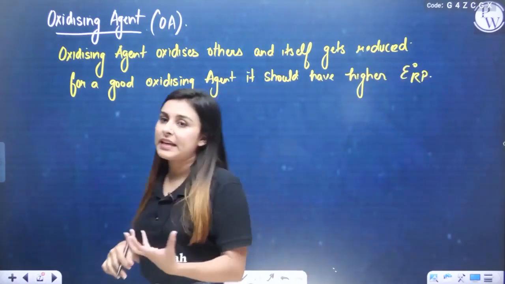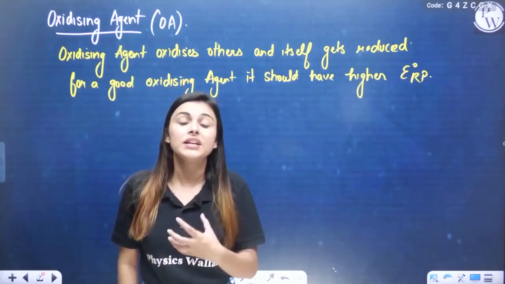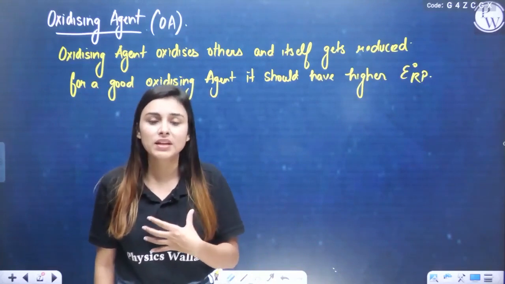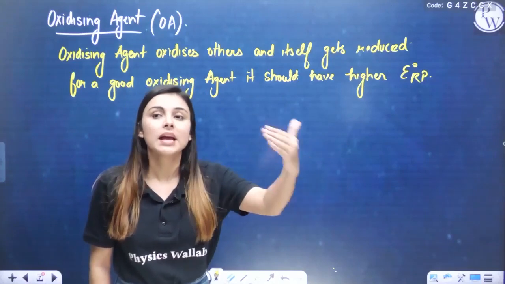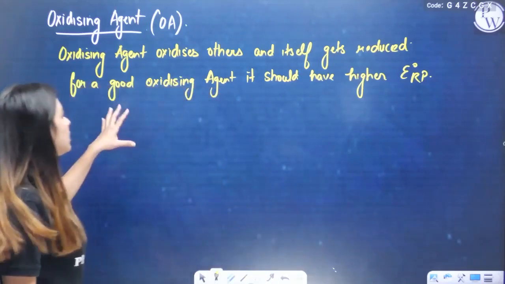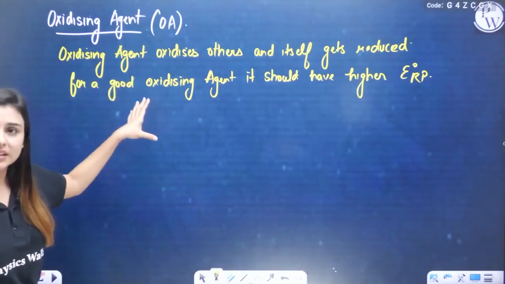If an element has a high reduction potential, it means that it itself wants to get reduced, and the more it wants to get reduced, the more it will oxidize the other, and the better oxidizing agent it will be, right? Yes. So this is the thing which we need to understand. Okay, I hope you're clear with the oxidizing agent.